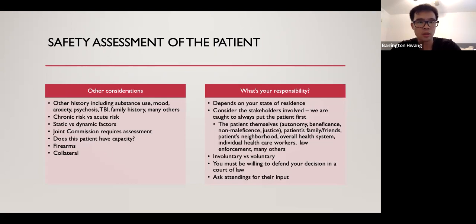Other considerations: all the things I just mentioned are important, but as much as you can, especially if you have time in a regular H&P, assess other history. You can have elevated chronic risk but low acute risk, and sometimes ED psych attendings will document that, noting they always come here, they always present with this, and that's why they feel comfortable discharging someone.